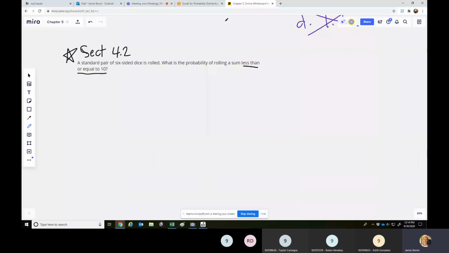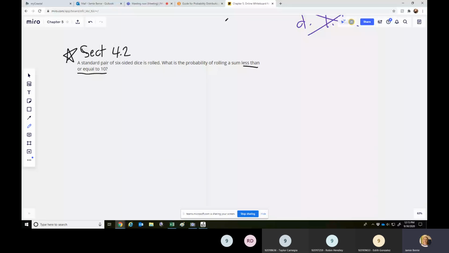So it'll look exactly like this, and then this may be a little bit different. It says a standard pair of 6-sided dice is rolled, so 2 dice. What is the probability of rolling a sum? Sum means you're going to add up your dice rolls. What's the probability of rolling a sum less than or equal to 10?